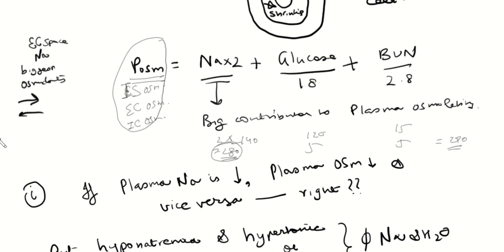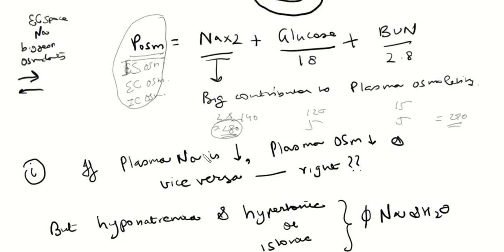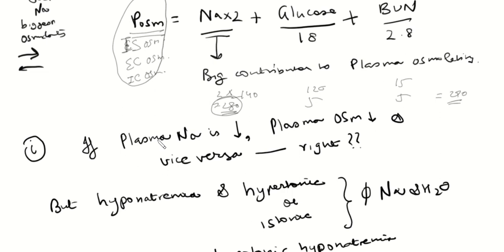Okay, you with me so far? Hang in with me, almost there. If plasma sodium is down, plasma osmolarity is down. If plasma sodium is up, plasma osmolarity is up. So if I have plasma sodium that's down, I have hyponatremia. That means if it is a problem of sodium and water, I should have what?